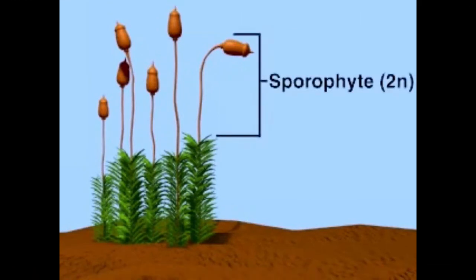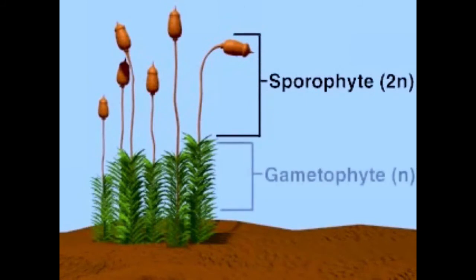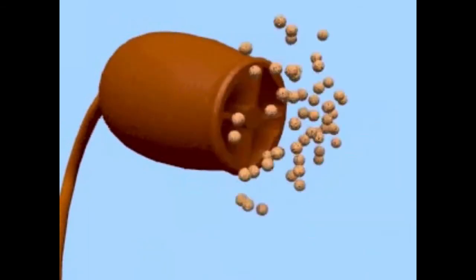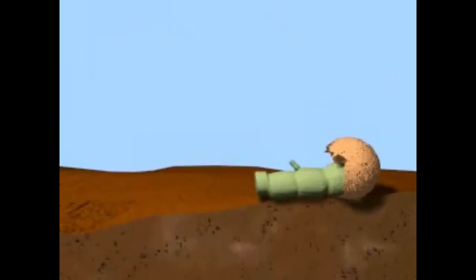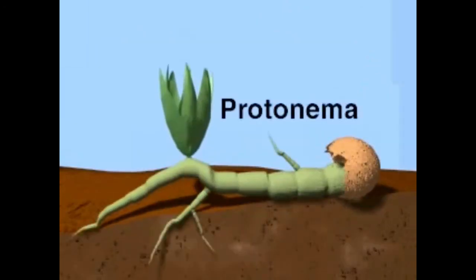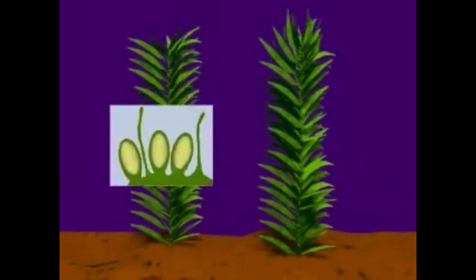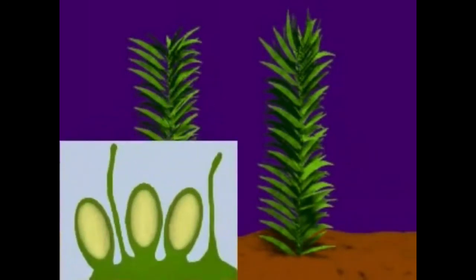The sporophyte generation in bryophytes develops from the gametophyte. Sporophytes receive much of their nutrition from the gametophyte. Spores are produced by meiosis in the capsule of the sporophyte. The spore capsule ripens, bursts, and releases the spores. A spore germinates to form a protonema. The antheridium develops on the male gametophyte.